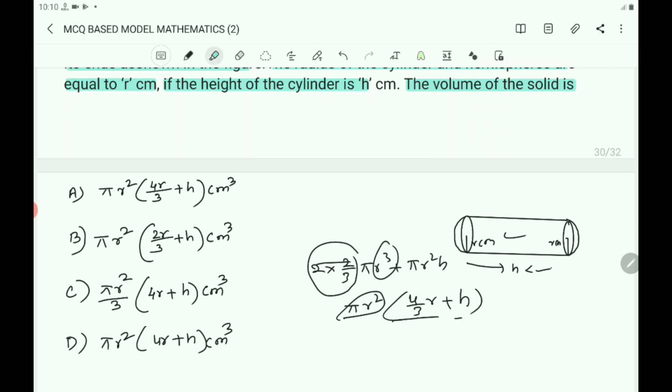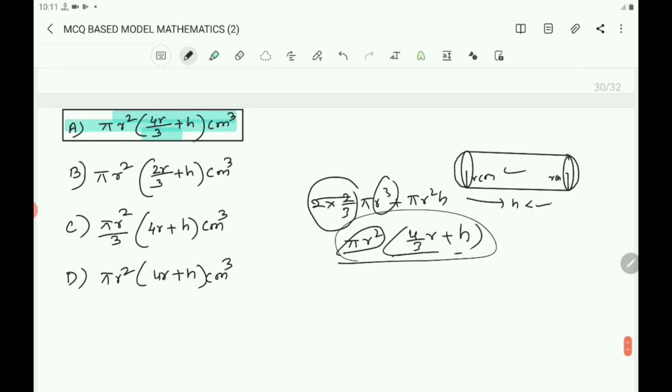That you can find in option A only. Option A is pi r square, 4r by 3 plus h. So that is the answer you got here. Therefore option A is the answer.